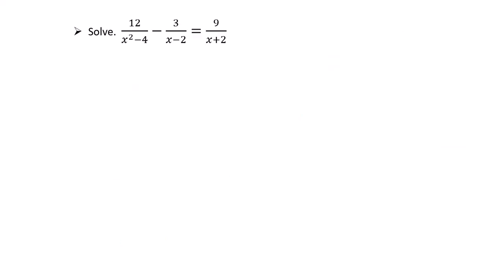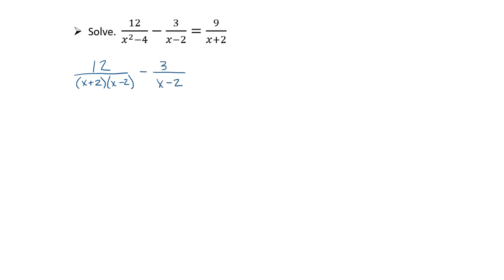Now let's solve 12 over x squared minus 4, minus 3 over x minus 2, equals 9 over x plus 2. It's a good idea when you have something that can be factored in a denominator to go ahead and factor it to see what it's made of.